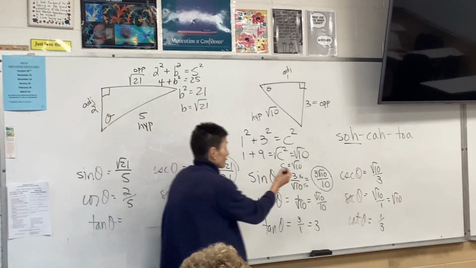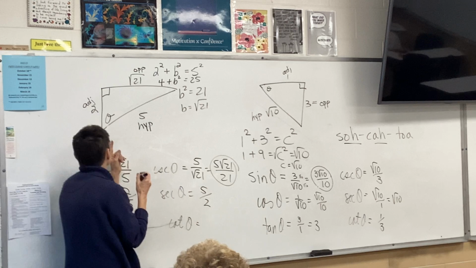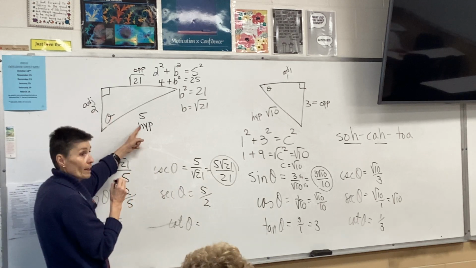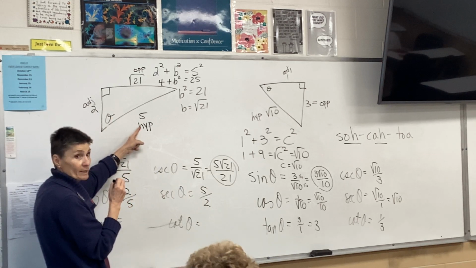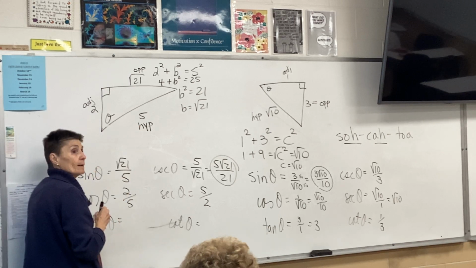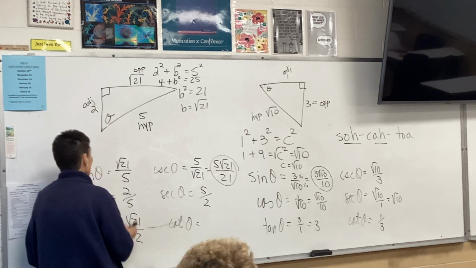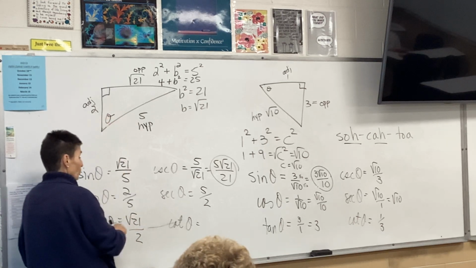Cosine, adjacent over hypotenuse. Everybody okay? And then who's got a tangent for me? Gio? Radical 21 over 2. Exactly, square root 21 over 2, perfect.